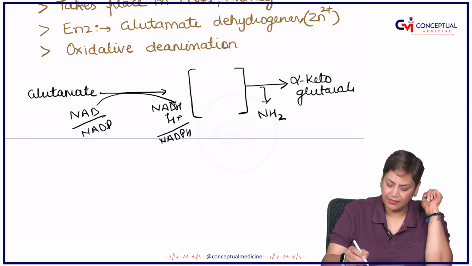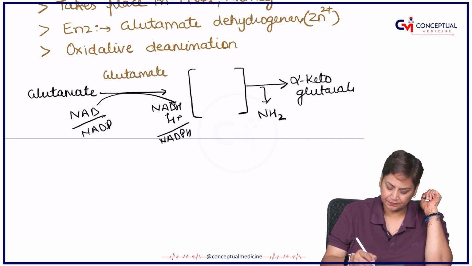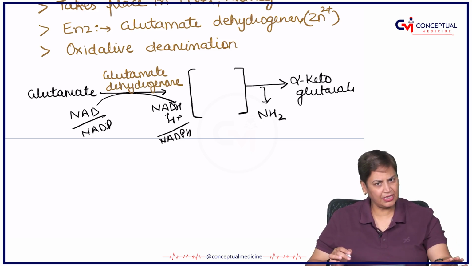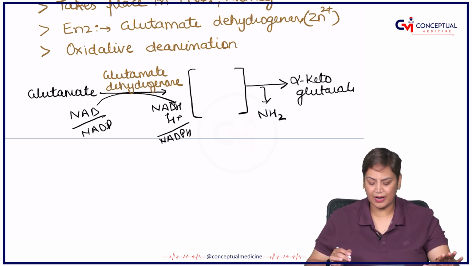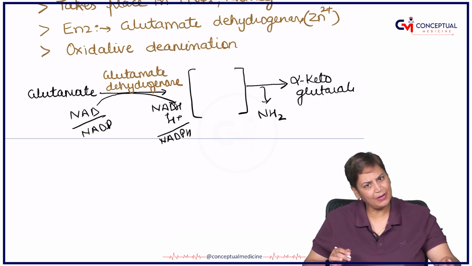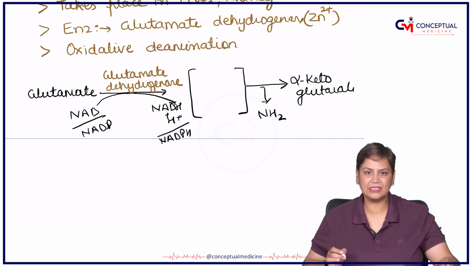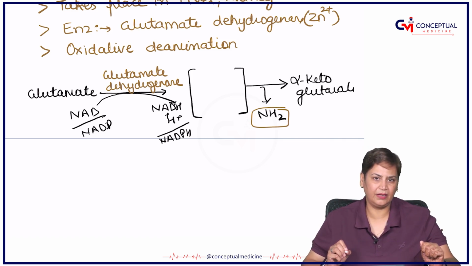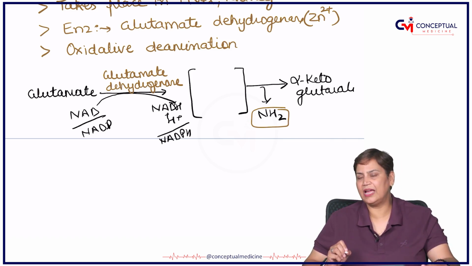The name of the enzyme here is glutamate dehydrogenase. I am not mentioning the name of the intermediate, I am just writing it in square brackets. So the fate is that glutamate will undergo simple dehydrogenation, it will remove this amino group and be converted into alpha-ketoglutarate. That is why it is known as oxidative deamination or transdeamination.